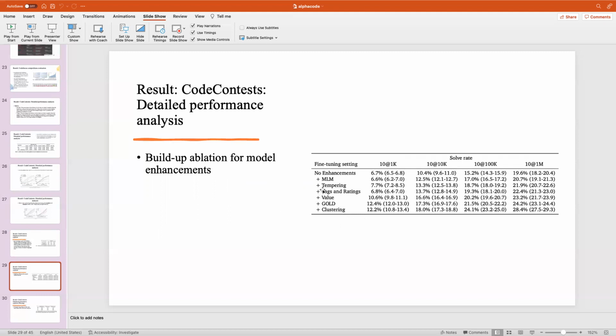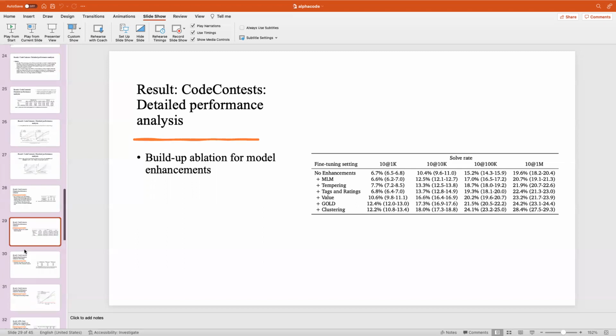Like the masked language modeling loss, the tempering, the tags and the metadata, the value and rating, and the GOLD and clustering, these techniques are all helpful in the success of the AlphaCode model.